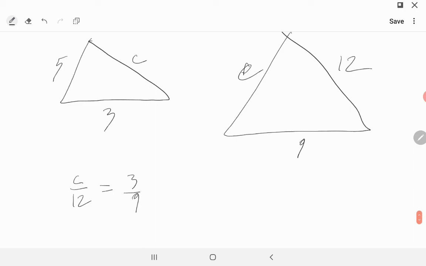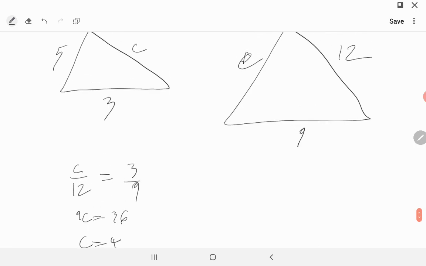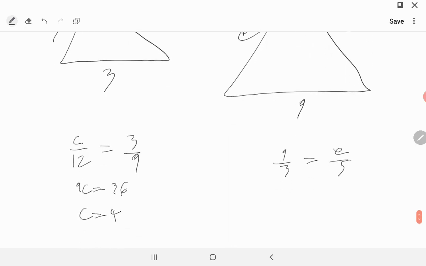So we're looking at the corresponding sides. And so we know that 9C equals 36. And so C equals 4. And we notice that to get side E, we know that 9 divided by 3 has to equal E divided by 5. And so we end up getting 45 equals 3E. And so E is 15.